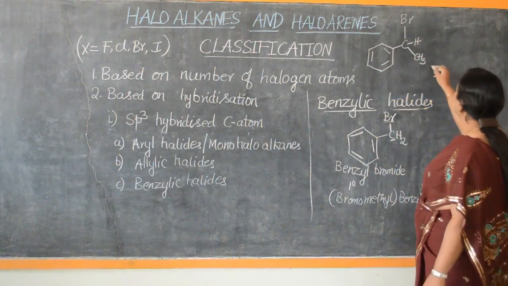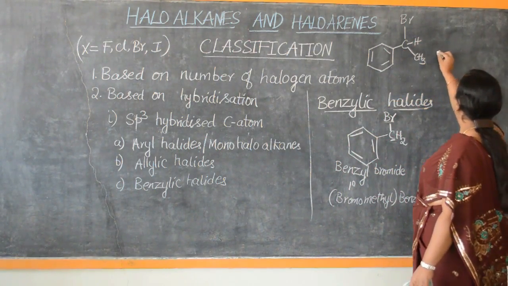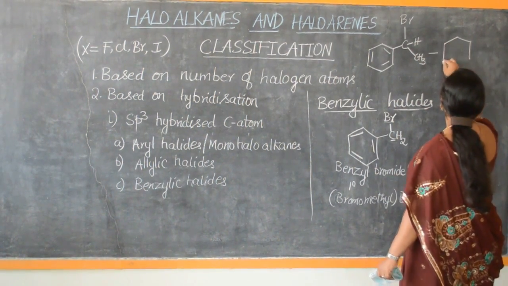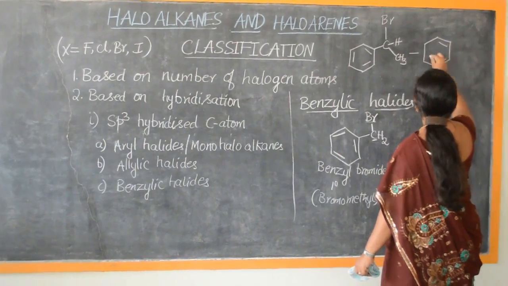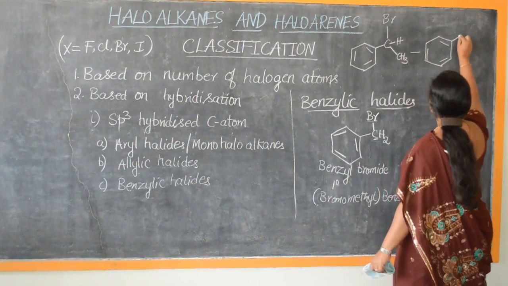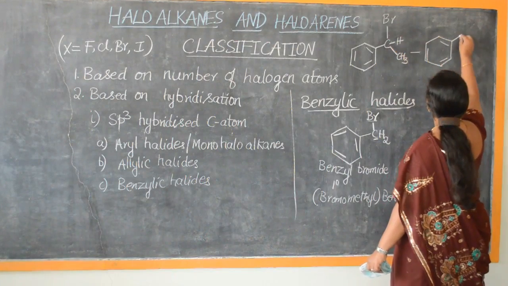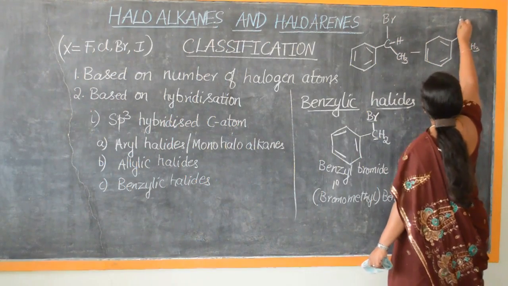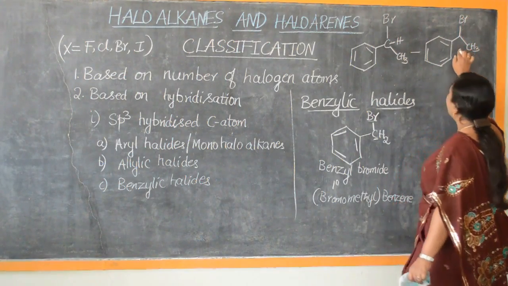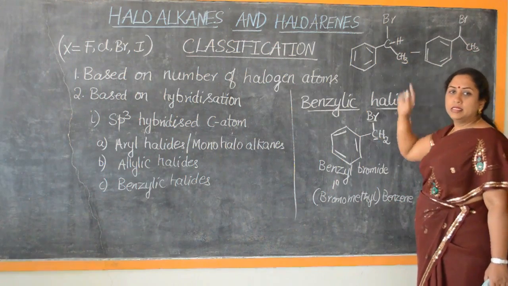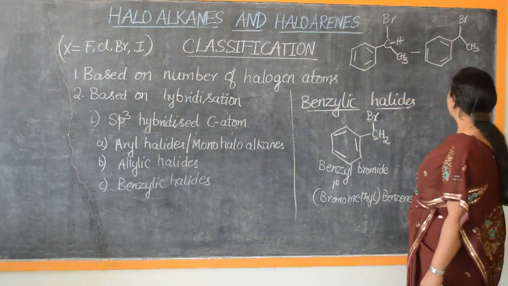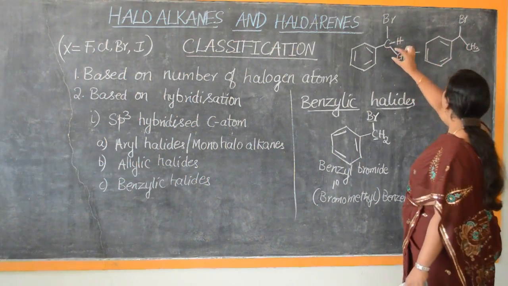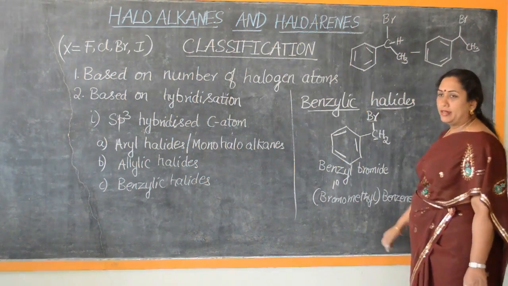Instead of writing C here, this can also be written as the benzene ring as it is, then this CH group, and then ending with a methyl, and above it the Br. Either way we write it, we are still talking about the same structure.